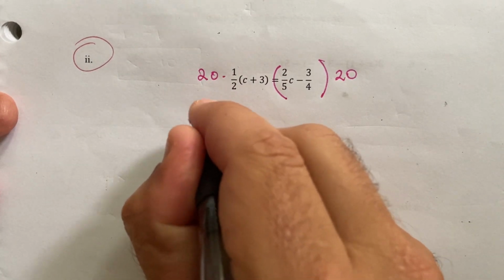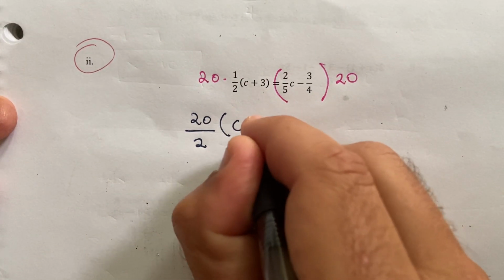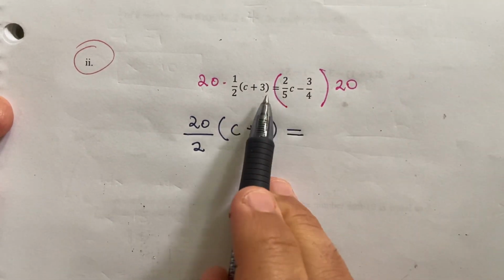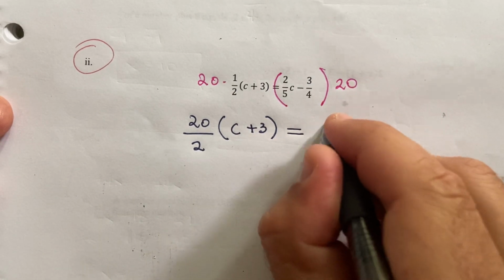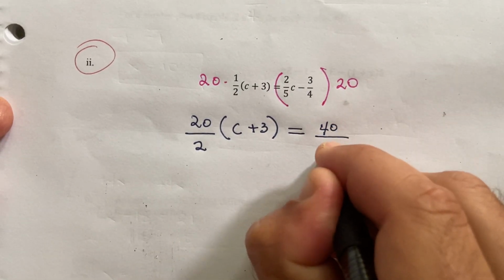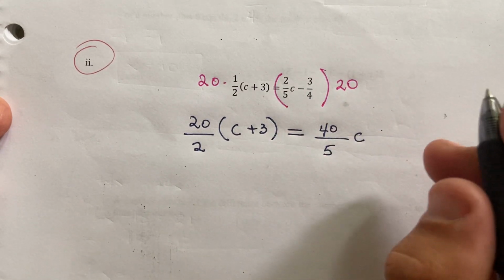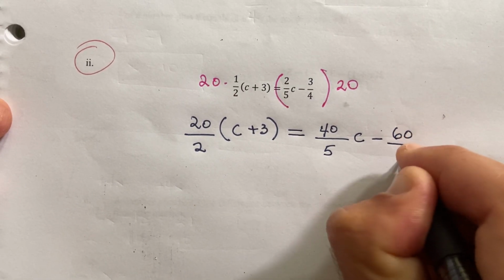What I'd have is 20 over 2 on the left, still times c plus 3. And then on the right, I still have equals. I'll have 20 times 2 is 40 divided by 5. And then I'll still have that c. And then 20 times 3 is 60. So I'll have minus 60 over 4.